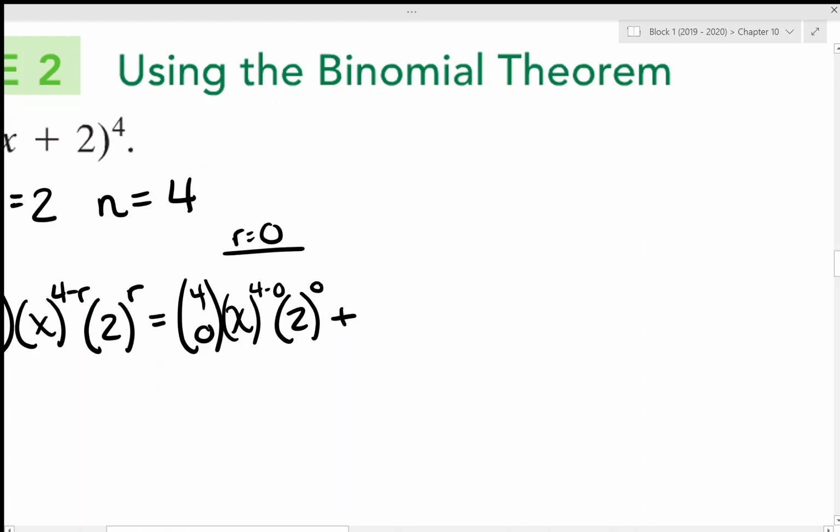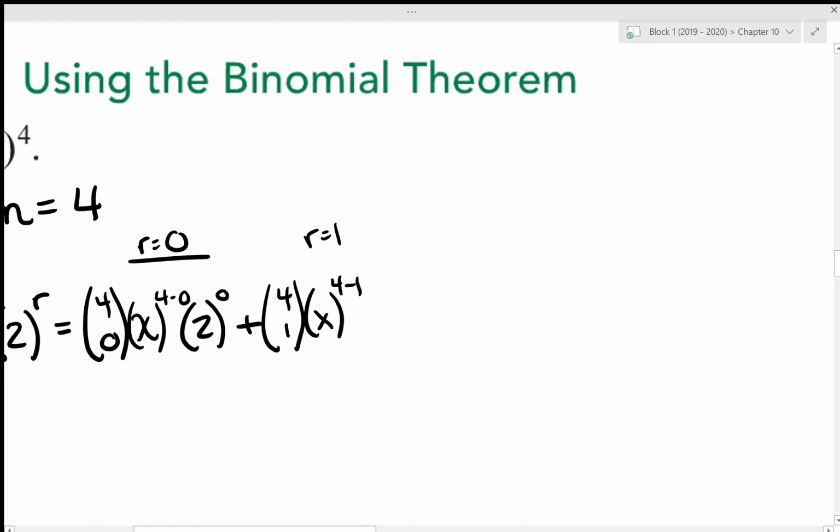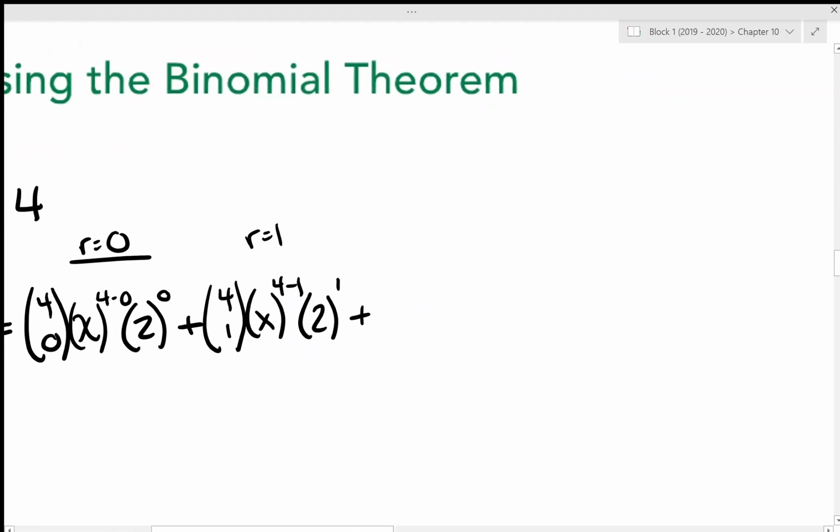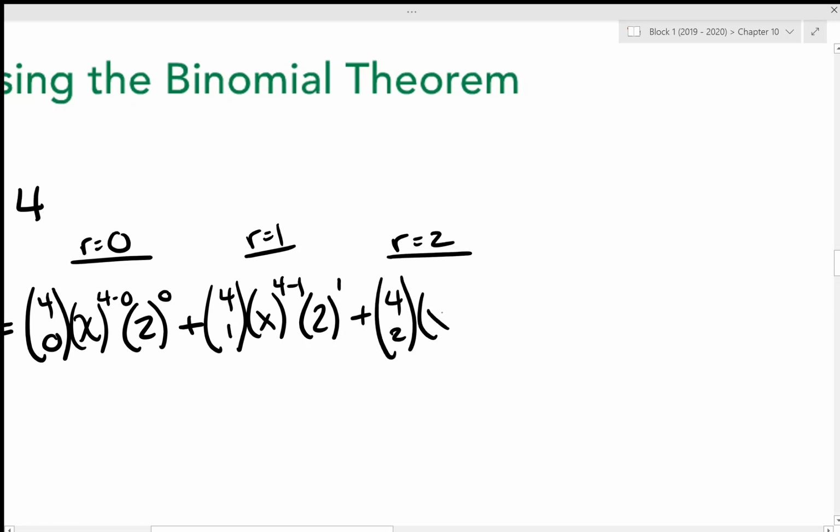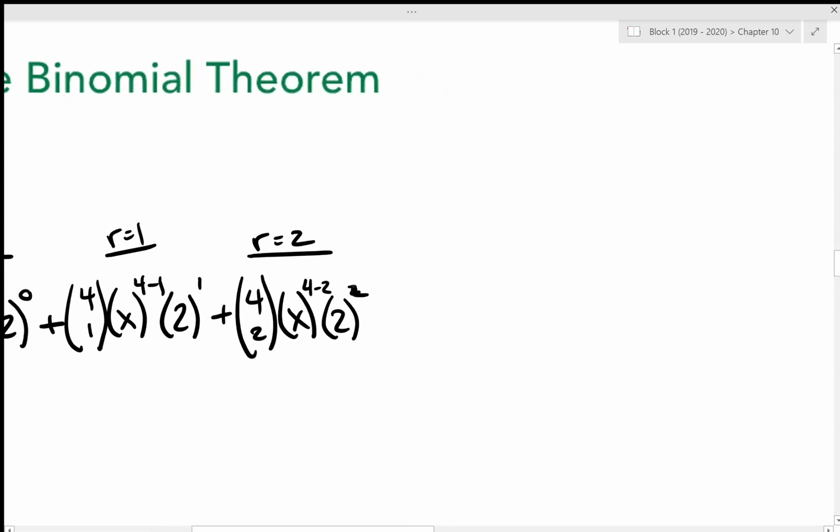Now I'm going to do an R of 1. So 4 above 1 times x to the 4 minus 1 power times 2 to the 1st, plus. Now an R of 2: 4 above 2 times x to the 4 minus 2 power times 2 squared. There is a pattern to all this.